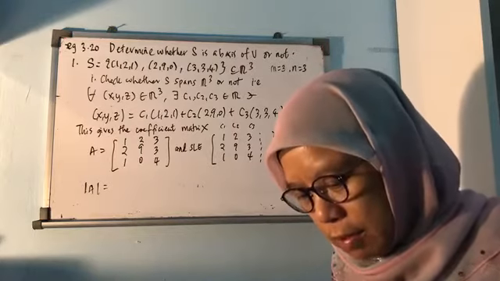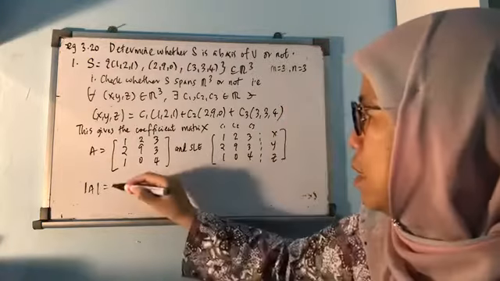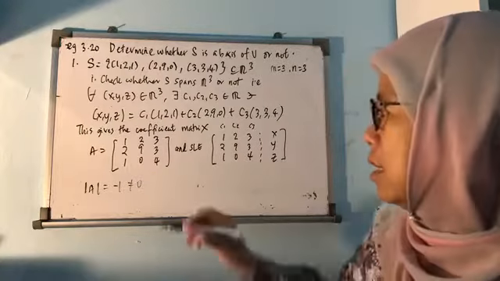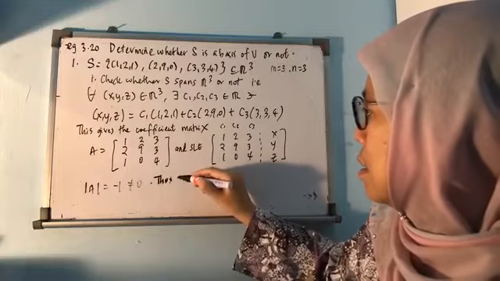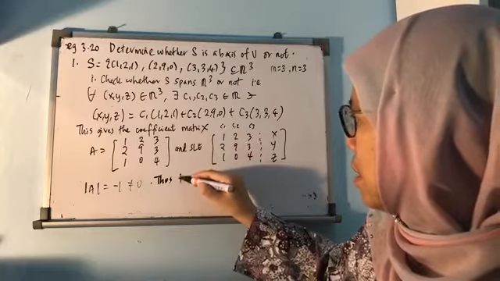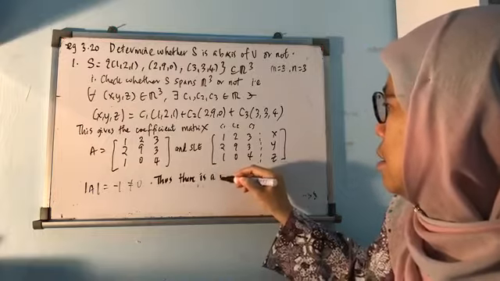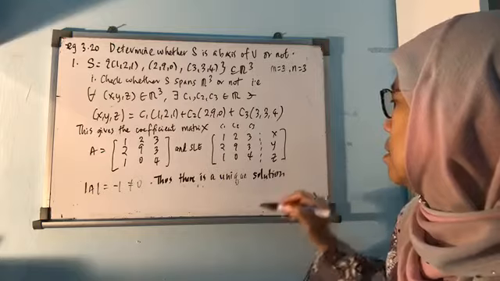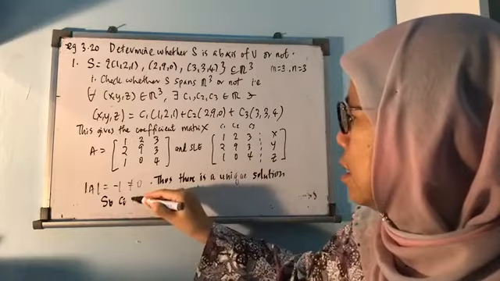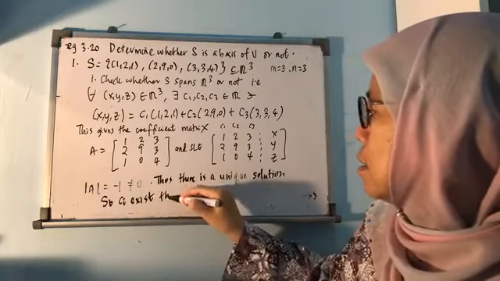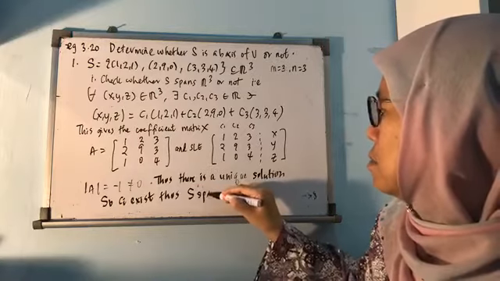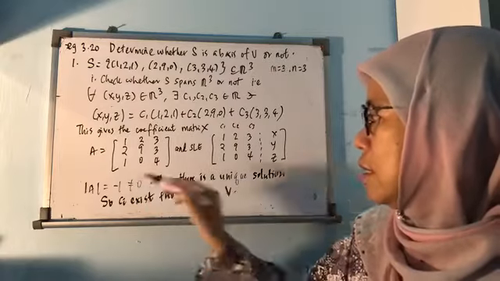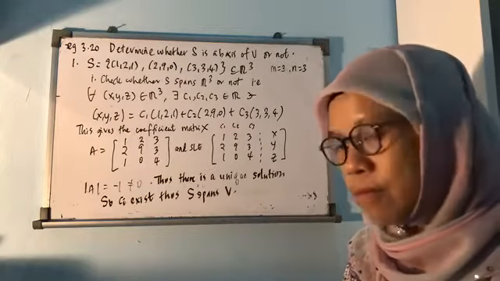The determinant turns out to be -1, which is not 0. Thus there is a unique solution, so Ci exists, thus S spans V. This is by using the determinant from chapter 2.